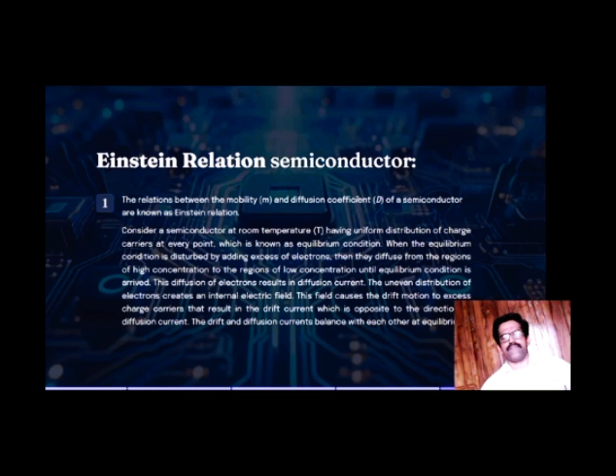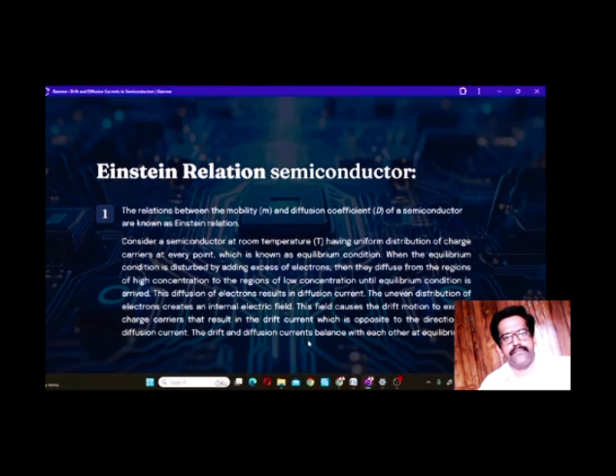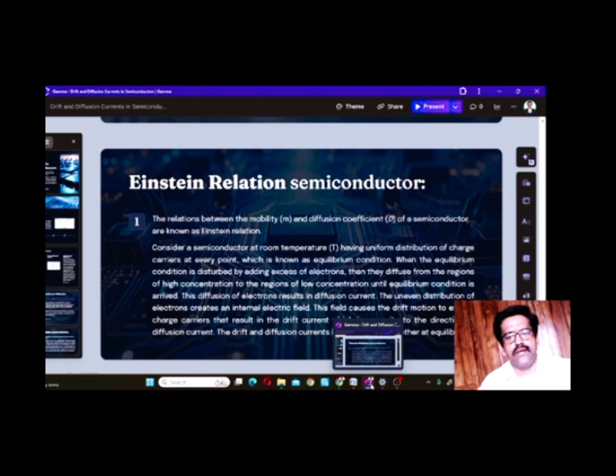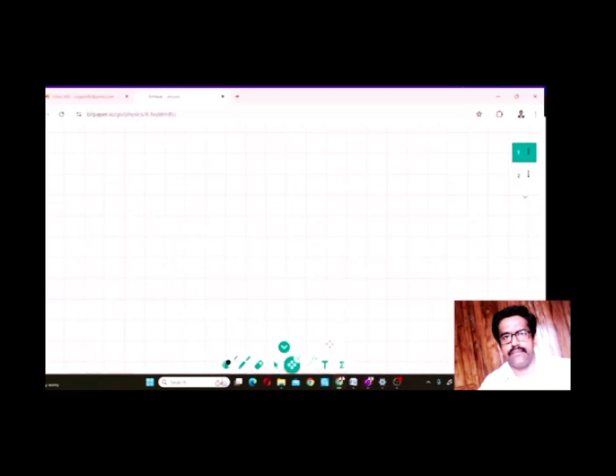We consider a semiconductor at room temperature, distributed with different charge carriers, at thermal equilibrium. At thermal equilibrium, both currents, diffusion current and drift current, are equal.